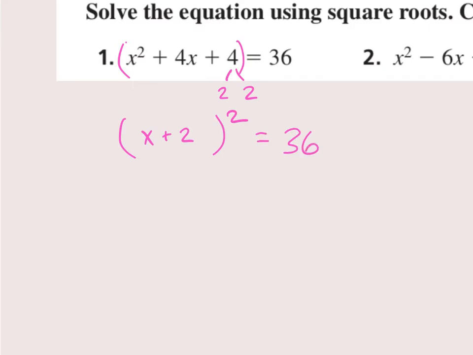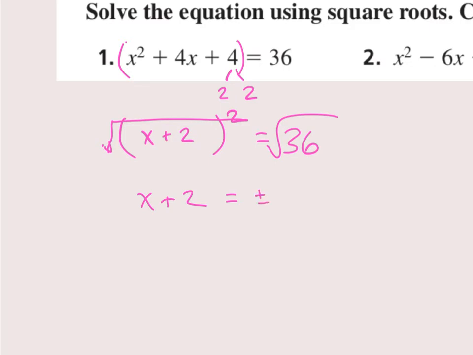Now we have a perfect square on the left and a perfect square on the right. What can we do? Square root both sides. So we have x plus 2 is equal to, what's the square root of 36?